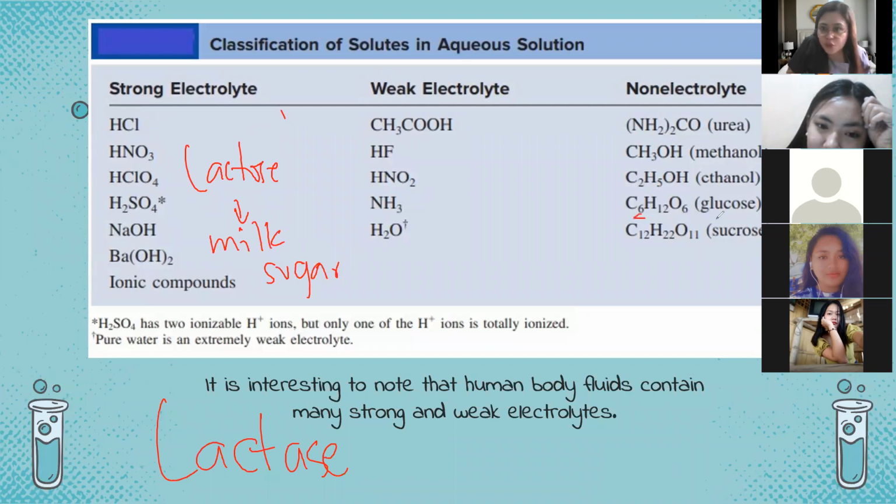So we have physiological sugar, table sugar, and lactose is the milk sugar. That is the sugar found in milk. So again, when we drink milk, class, our body is capable of metabolizing it so that we can excrete it. Everything we eat, we excrete it.